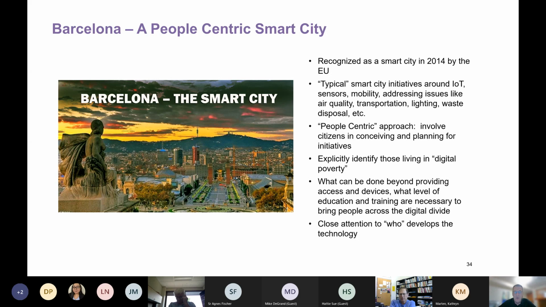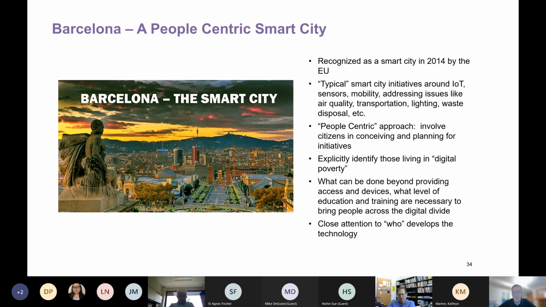And this is not trivial: they are paying very close attention to who is actually developing these technologies, and whether their representation is male, female, or of different ethnicities. I thought that was a great example of mindfulness on behalf of an institution to avoid having bias embedded in the technology.